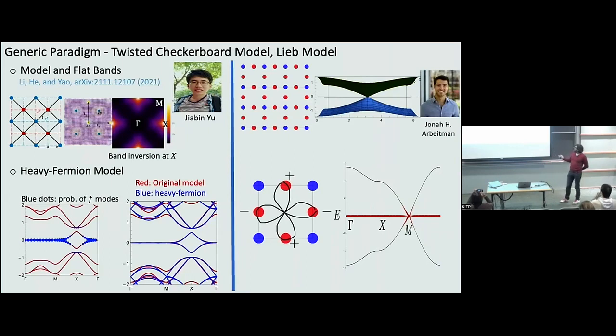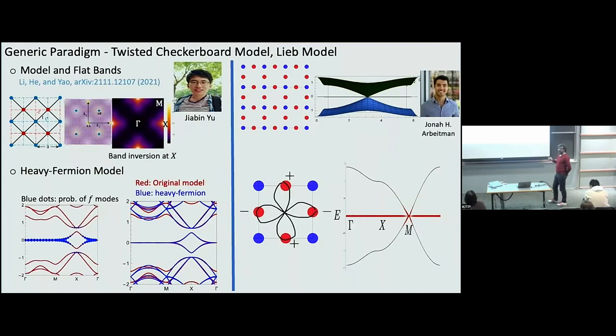Moreover, for the Lieb lattice, in which case you cannot project to the flat band because you've got this gapless point here, you can do exactly the same procedure, and the results are also extremely interesting. Most of this Lieb flat band is actually heavy fermions, as you can see here.